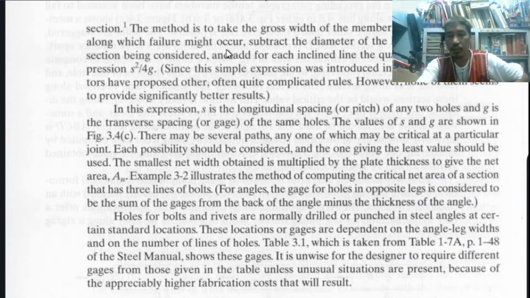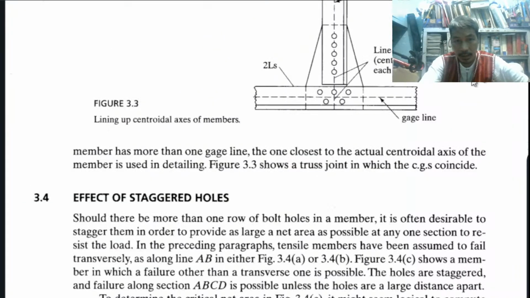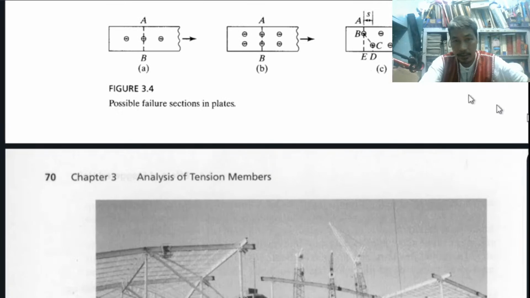So it is not only transverse, it could be zigzag, just like we showed. A, B, C, D, that is zigzag. A, B, E is transverse. That is the path that could fail.